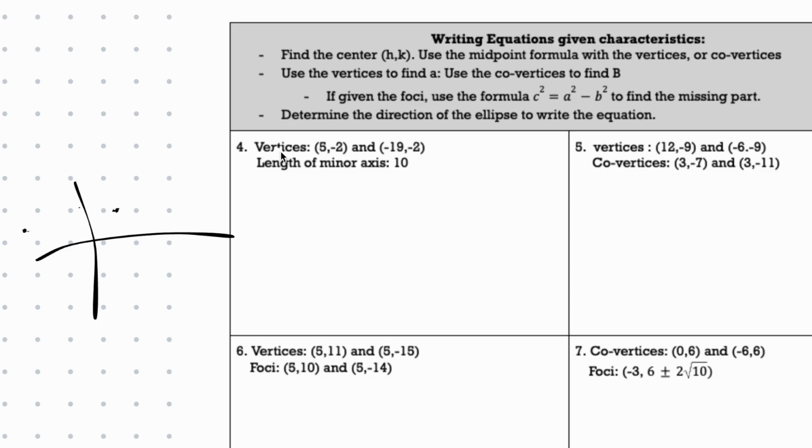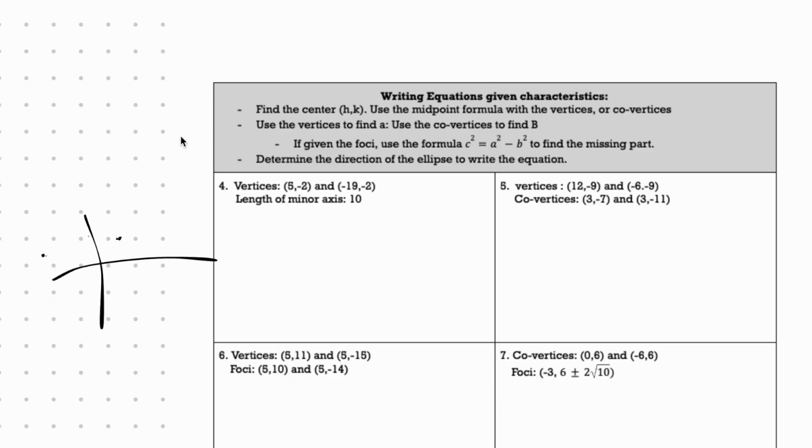Basically what these 2 points are going to tell us, since these are our vertices, not our co-vertices, our ellipse is going to be stretched horizontally. So our major axis is going to run horizontally, and our minor axis is going to run vertically. So essentially what we want to be able to do is find this length, right?